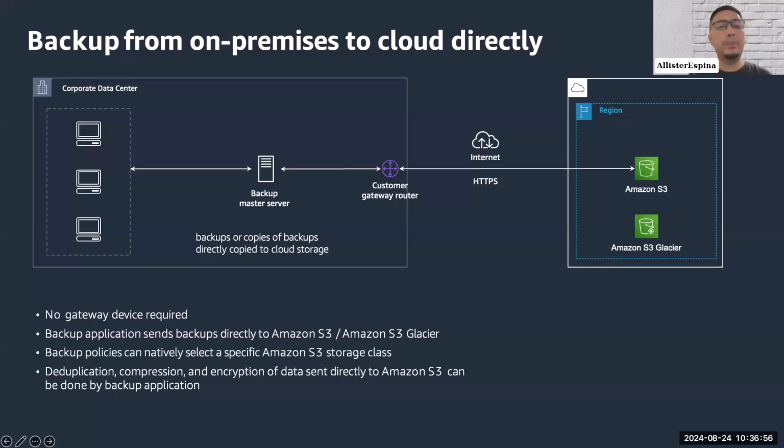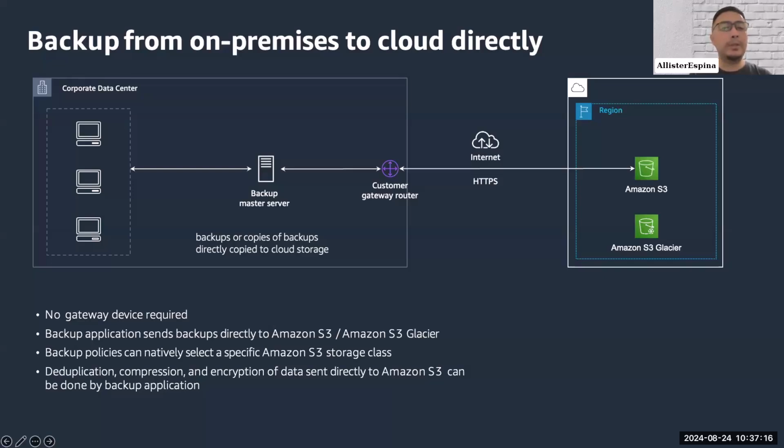So very straightforward. You can have a scheduled backup regularly. So for whatever reason, if your data center is down, or some servers are corrupted or down, you can retrieve the backup from your cloud repository.